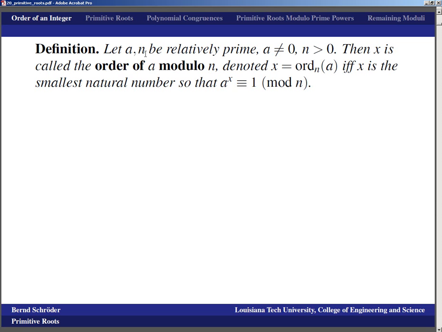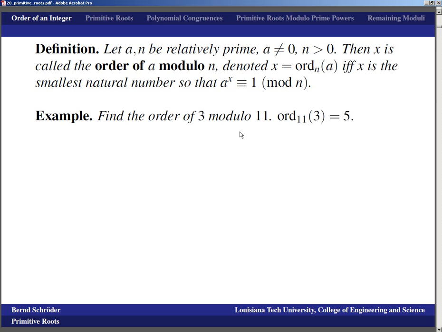If a and n are relatively prime, then a has a multiplicative inverse, and it can be shown that as you take bigger and bigger powers of a, ultimately you will come back to 1.